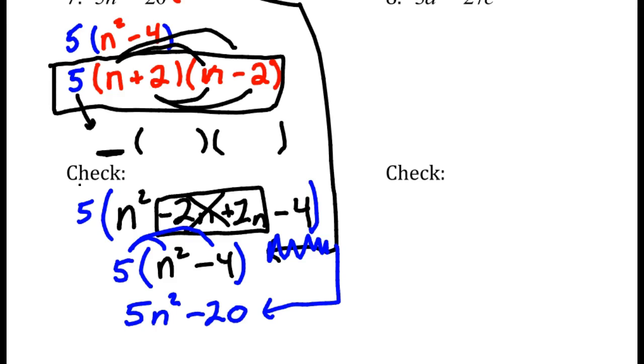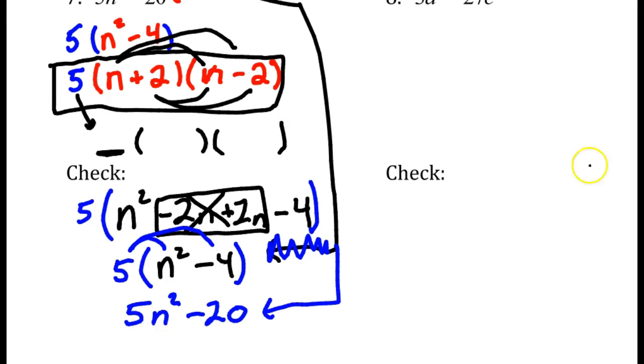So again, this is where the check really starts becoming useful. Maybe up to this point you thought, okay, I know it's going to check out, I don't need to write it down. As soon as we start having these GCFs, it's a very good idea to check, just in case you left it off. It will remind you to put it in your answer.